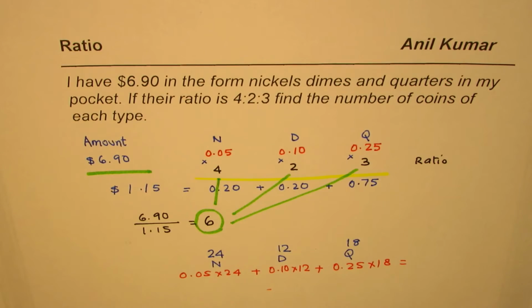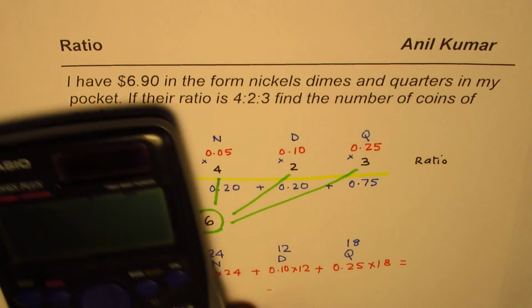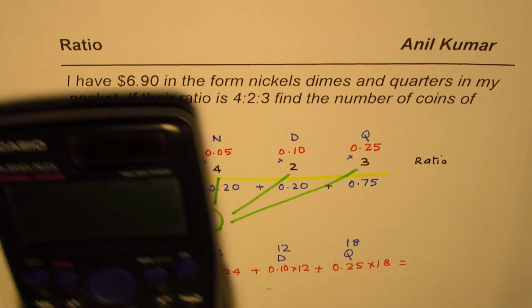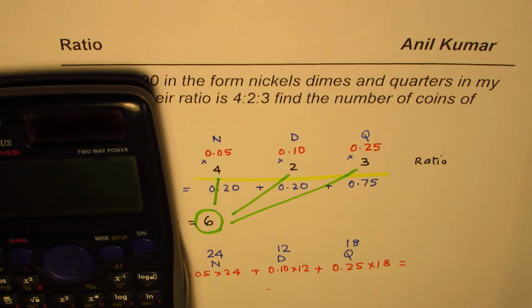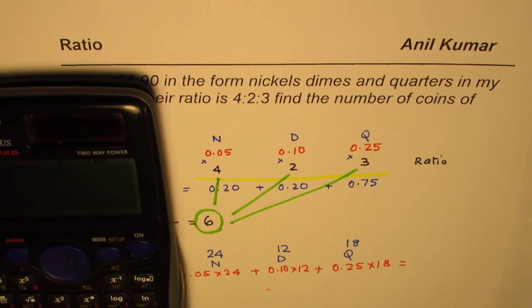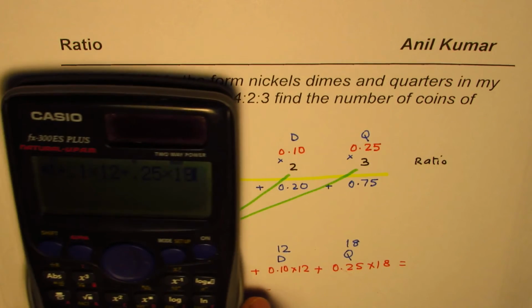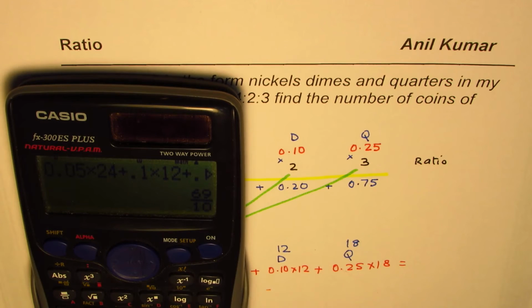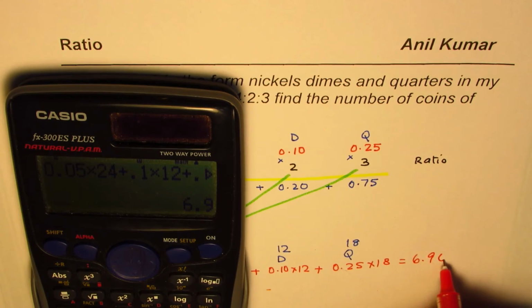Let's calculate how much is that. So we get 0.05 times 24 plus 0.1 times 12 plus 0.25 times 18, right? So we have fed all the values. Let's see what this is equal to. 69 over 10. So in decimals, it gives us 6.9.